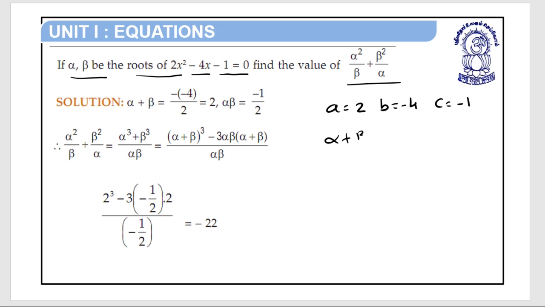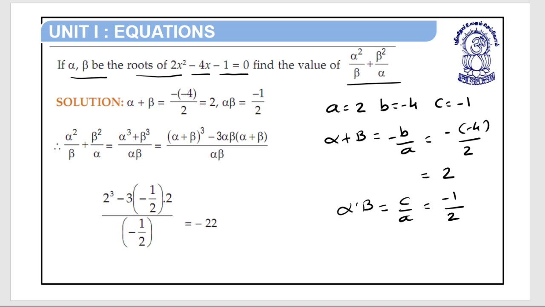Alpha plus beta, the sum of the roots, is minus B upon A, so minus of minus 4 by 2, which is 2. And the product of the roots, alpha into beta, is C upon A, minus 1 by 2.